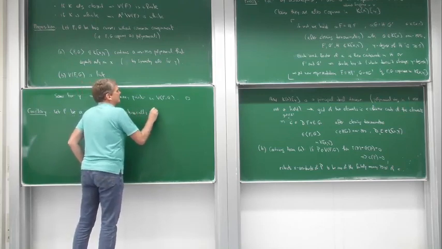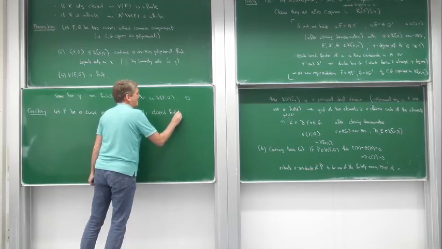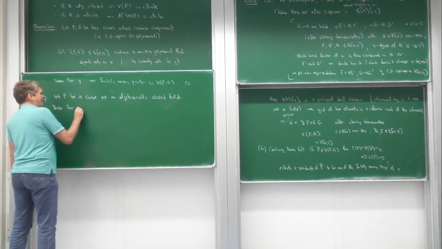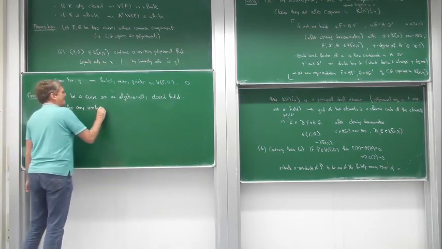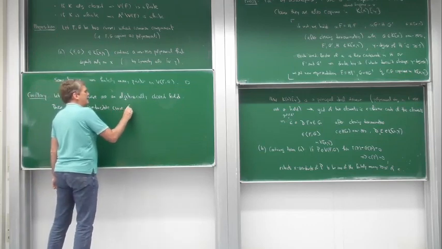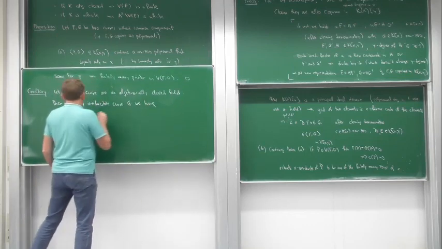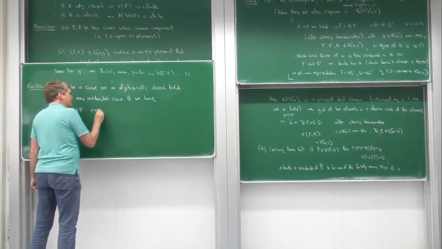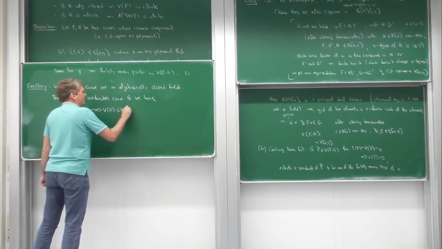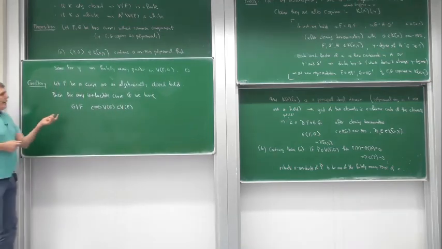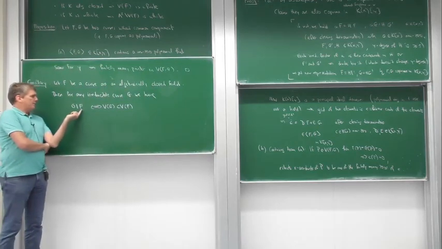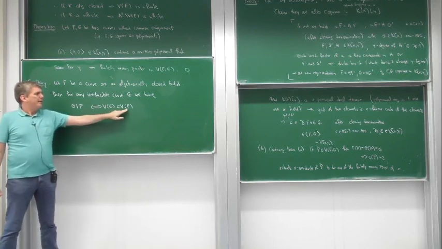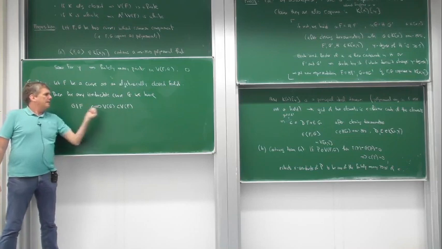Then the statement is that for any irreducible curve G, we have that G divides F, so that means G is a component of F, if and only if V of G is contained in V of F. And that in particular means that all the irreducible factors can be read off from the V of F. So if I only know V of F, then I could determine whether any polynomial is a factor of that or not.